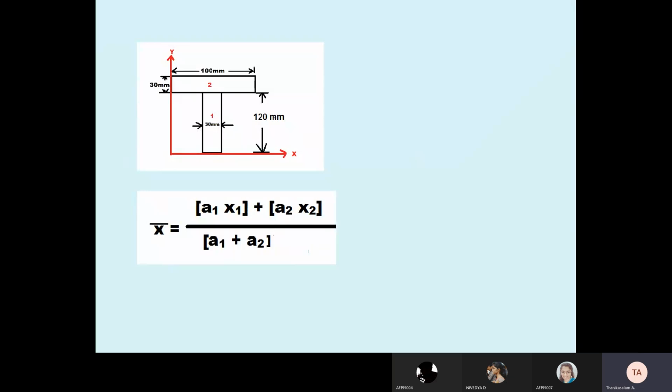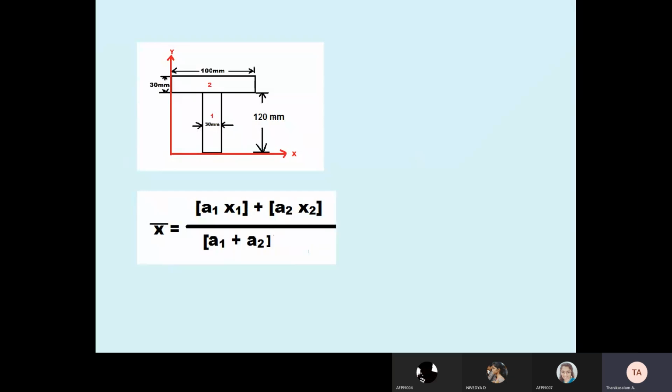The formula is x bar equals A1 X1 plus A2 X2 divided by A1 plus A2. Understand, students? If there is another section, I have to add another term: plus A3 X3, divided by A1 plus A2 plus A3, like this.